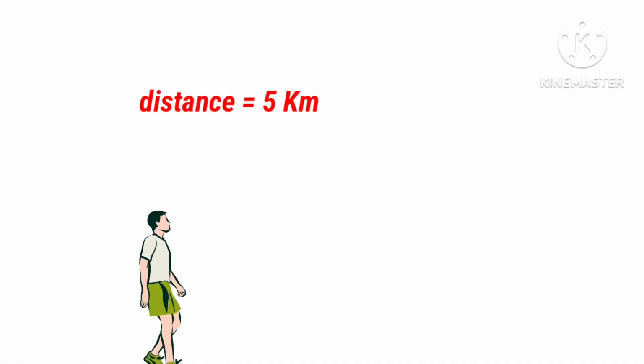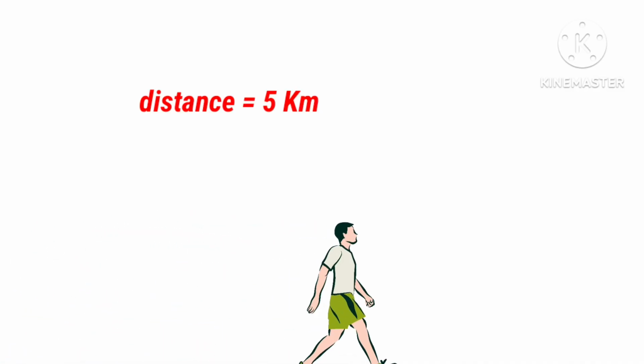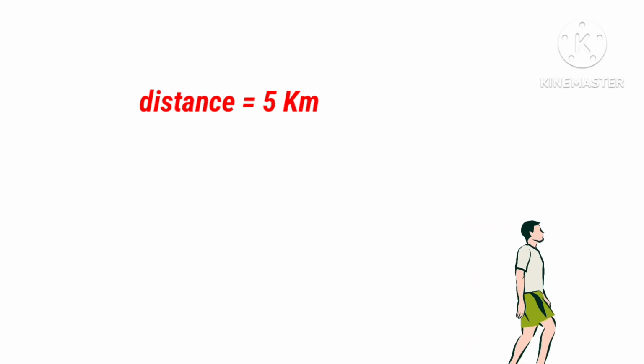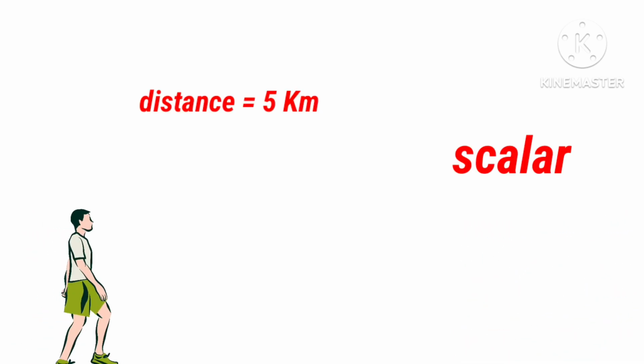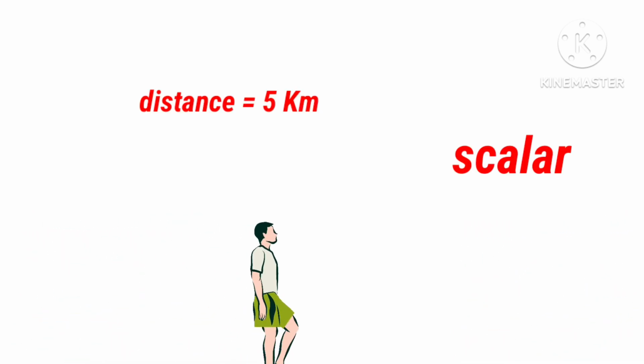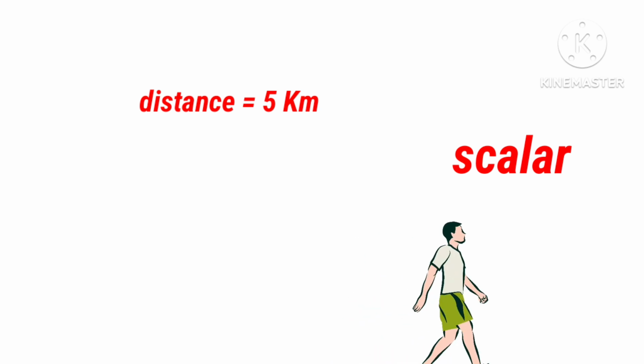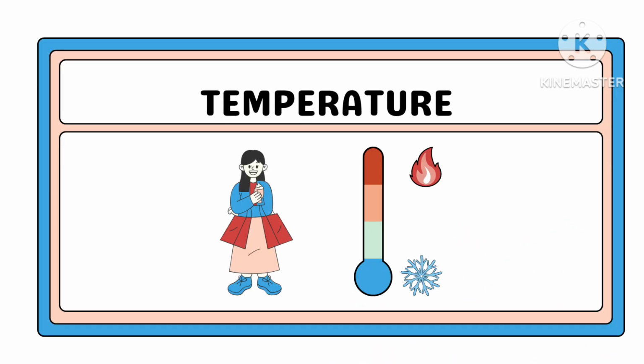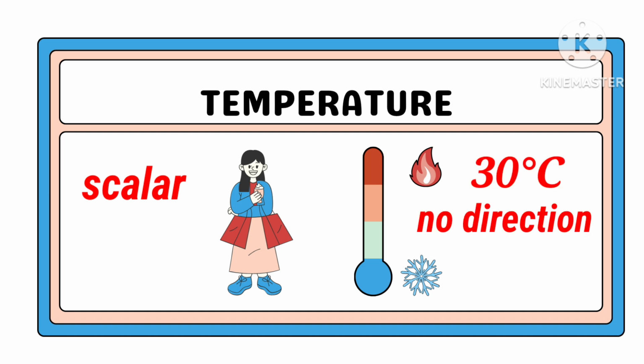If I say I walked 5 kilometers, I am only telling you the distance I walked. This is a scalar because it's just a number. Temperature is another scalar. If it's 30 degrees Celsius outside, you know how hot it is, but there is no direction with that information.